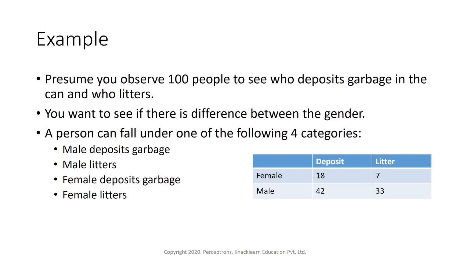A person can fall under one of four categories: male deposits garbage, male litters, female deposits garbage, and female litters.